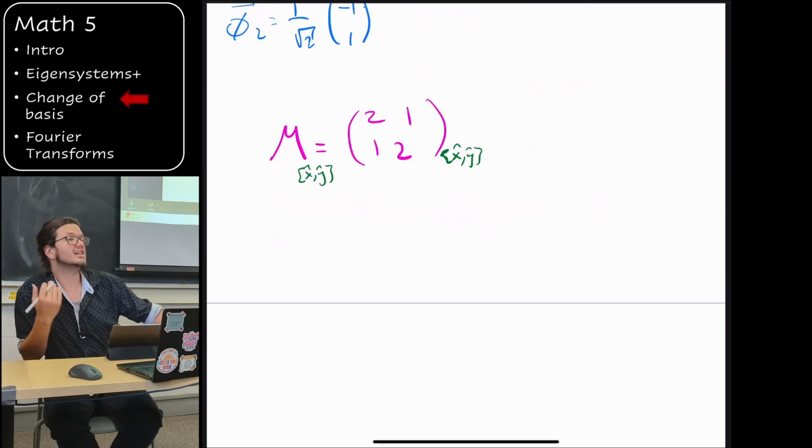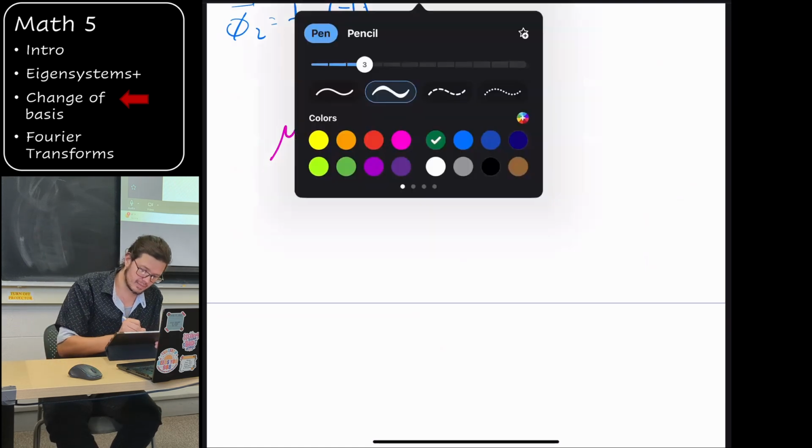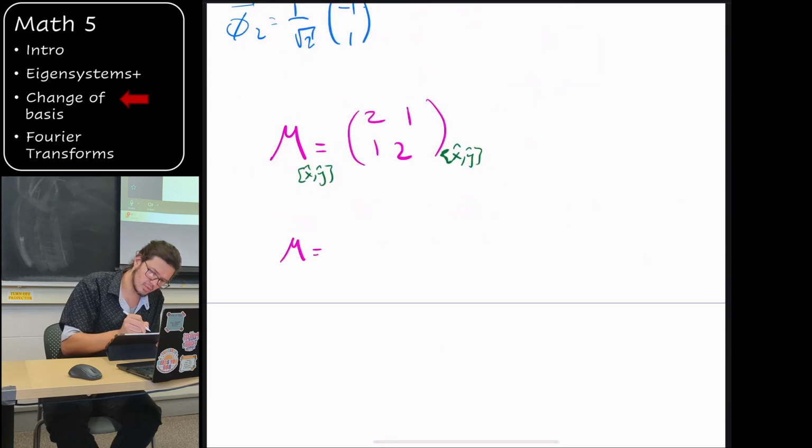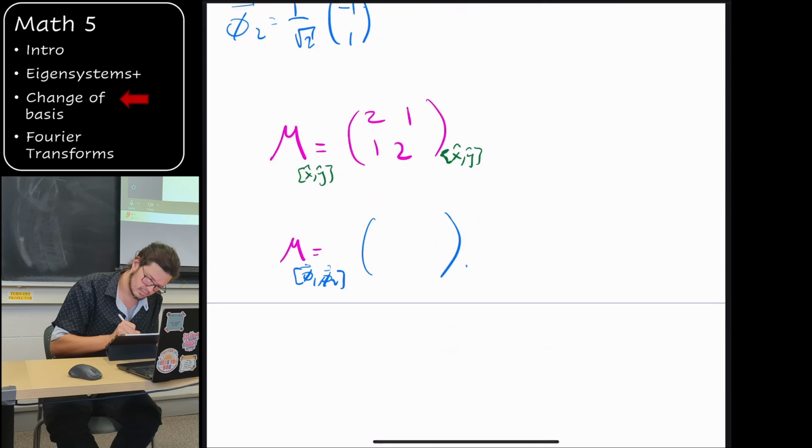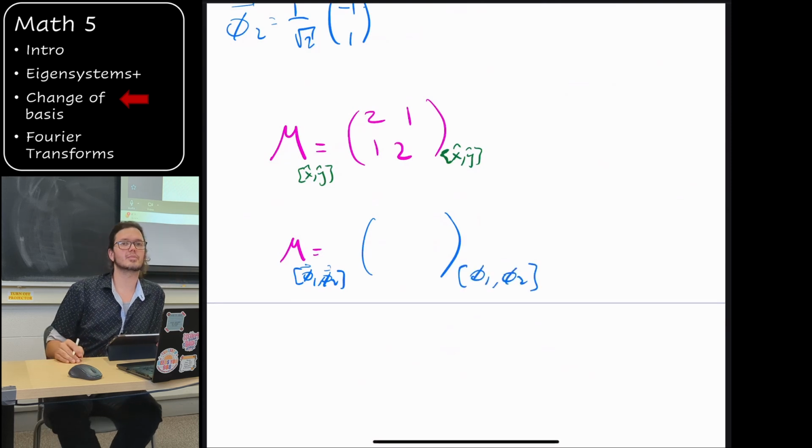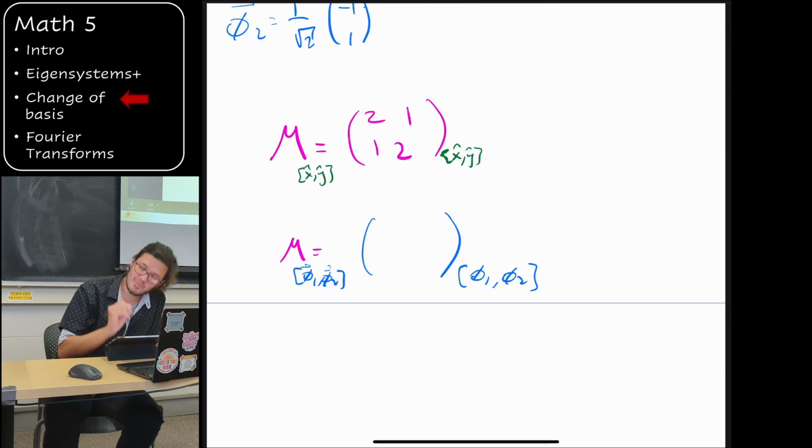In particular, do you have any intuition on how this matrix M would look like if I were to grab it in the basis of its eigenvectors? What do you think these numbers will be? The identity. Almost.